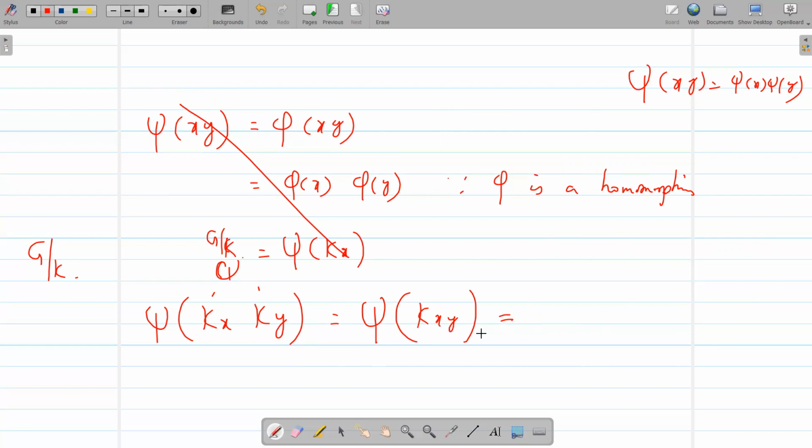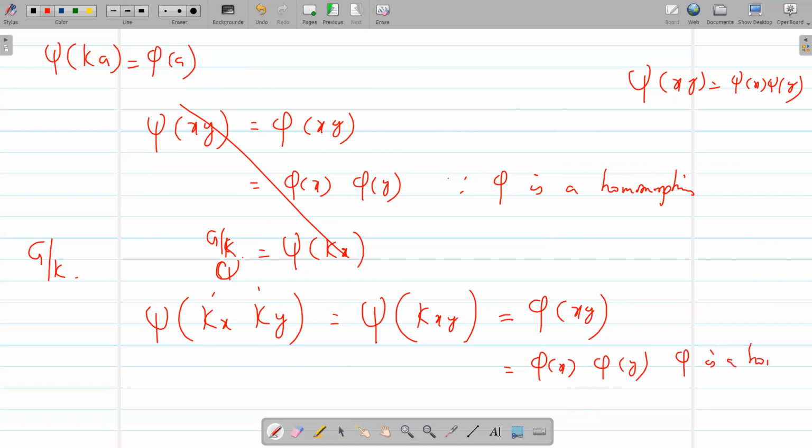Now this is equal to psi of kxy. By the very definition, psi of ka is equal to phi of a. So psi of kxy is equal to phi of xy. This is equal to phi x, phi y, because phi is a homomorphism. What is phi of x? That is psi of kx, and phi y is psi of ky.